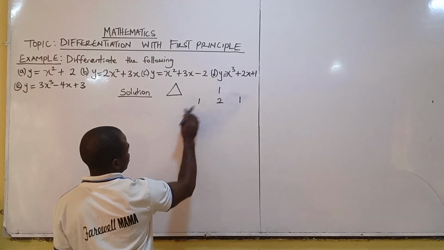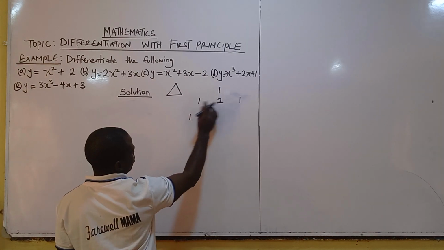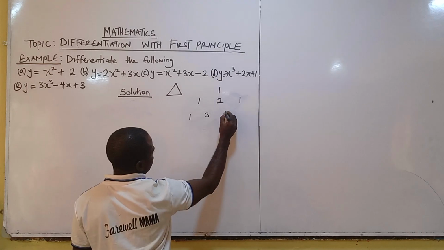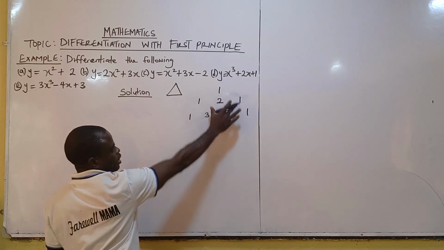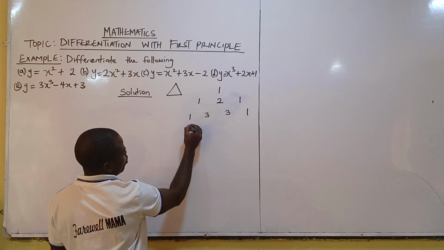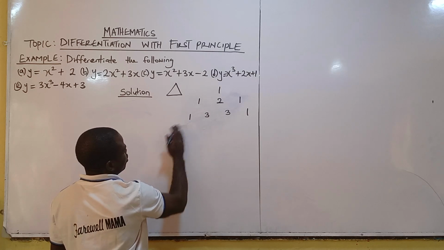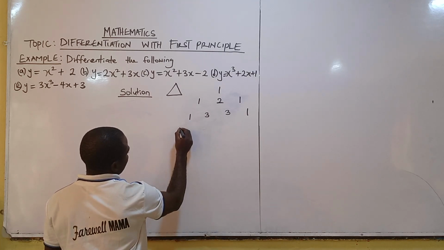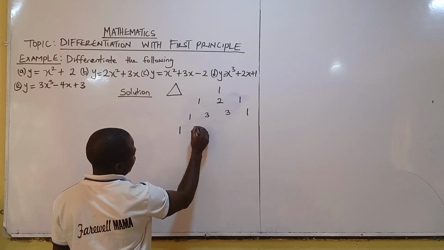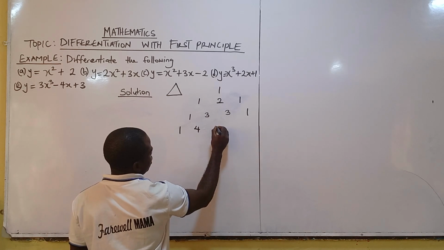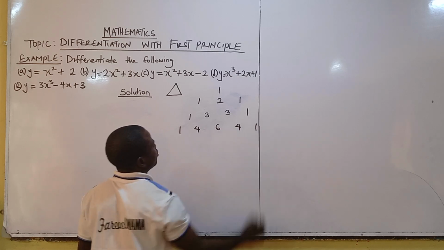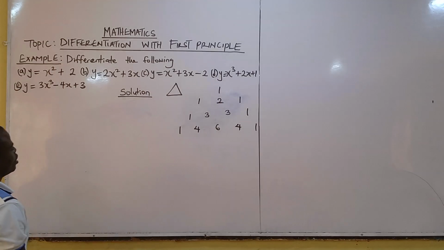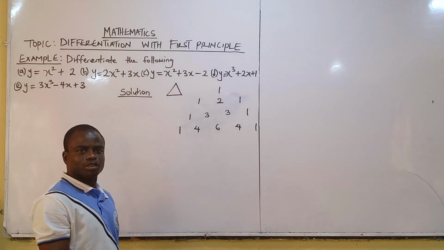The next row, you bring 1 here, 1 plus 2 is 3, 2 plus 1 is 3, and you bring the last 1 here. Then 1, 4, 1 plus 3 is 4, 3 plus 3 is 6, 3 plus 1 is 4, and we bring another 1 here. This is what I'm going to be using as we solve the differentiation with the first principle.